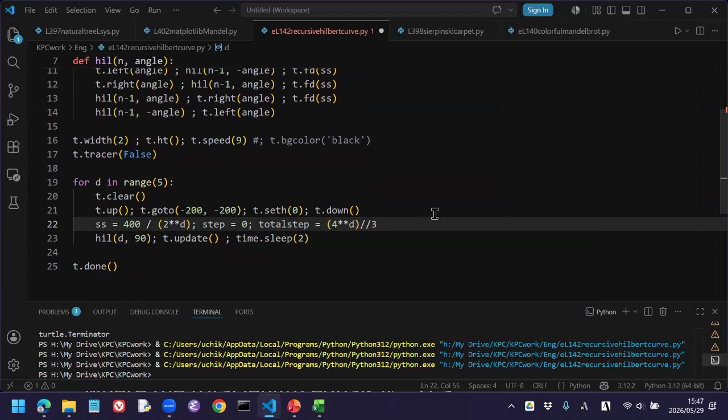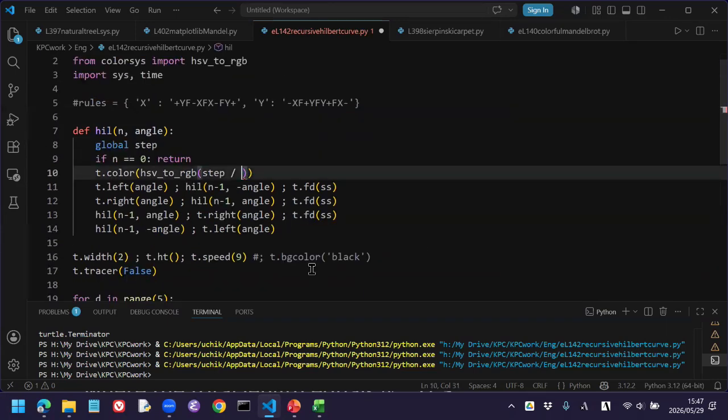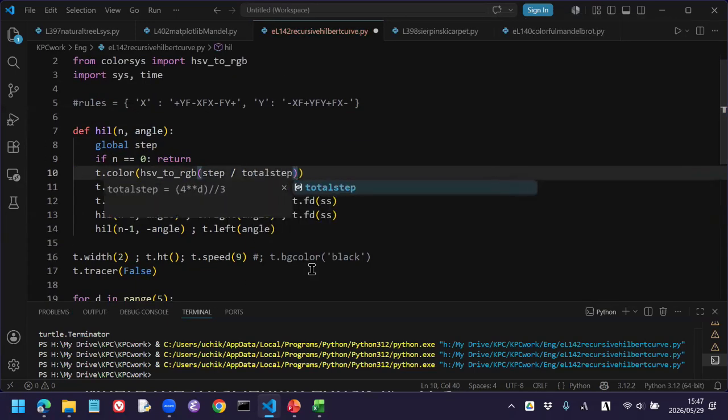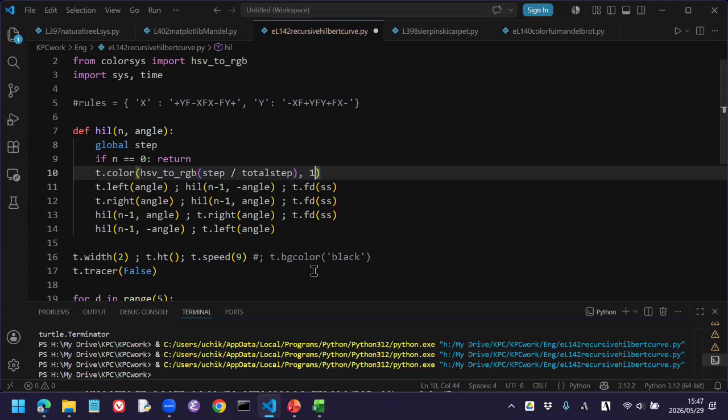I think this is good. And the other two values are 1 and 1. This is enough. So we have color here, and then we change accordingly. And every time we call it, we increment step. I think that works. Let's take a look.